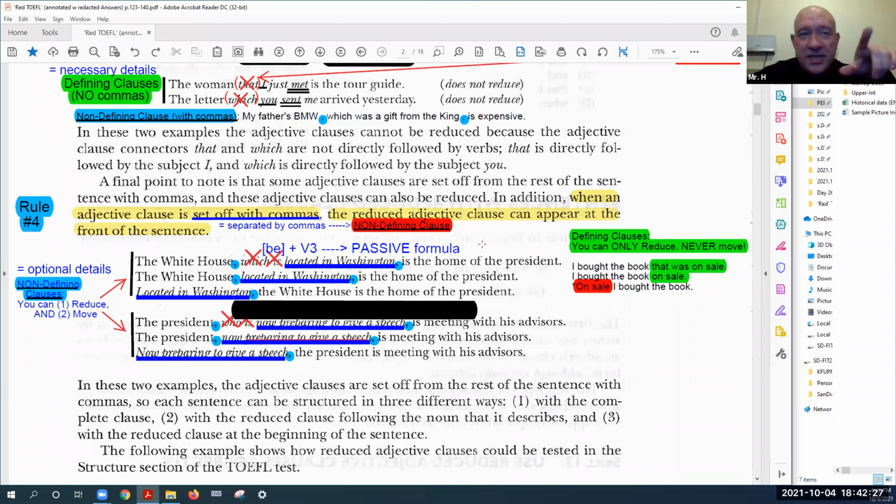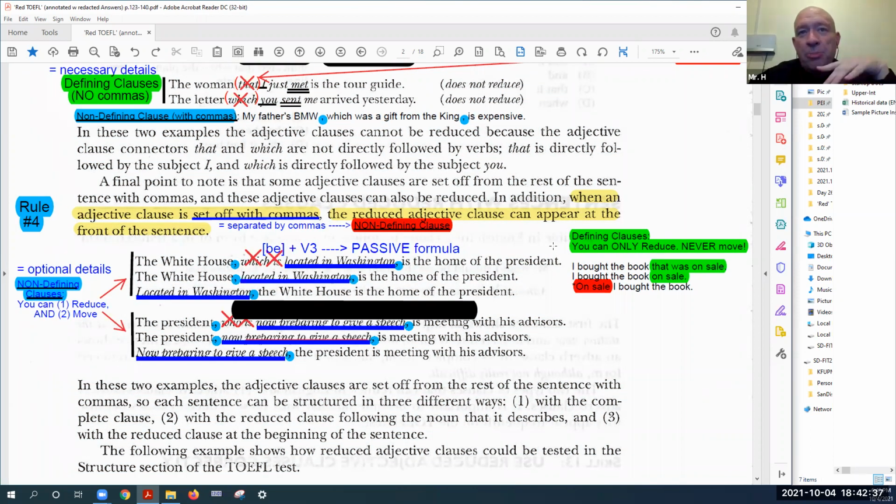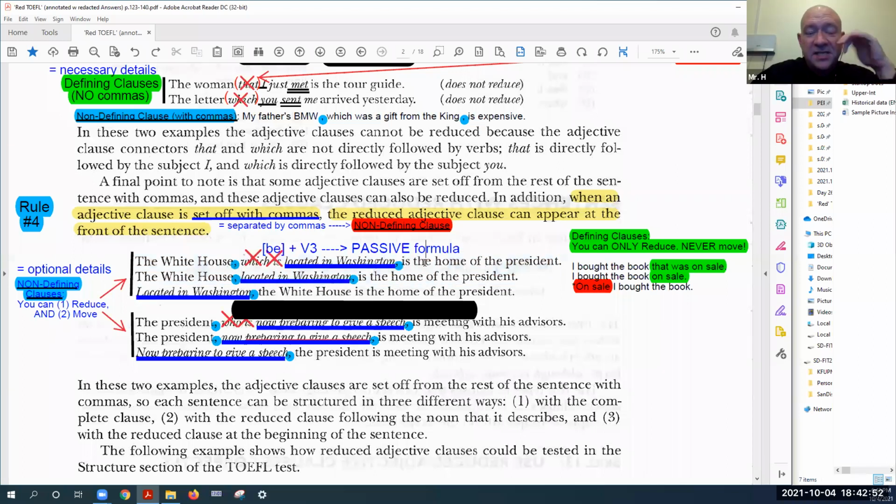All right. Asil, can you read the second example here? The White House, located in Washington, is the home of the president. Okay. Now, compare these two examples. Can you see the changes? The first one has the full adjective clause.